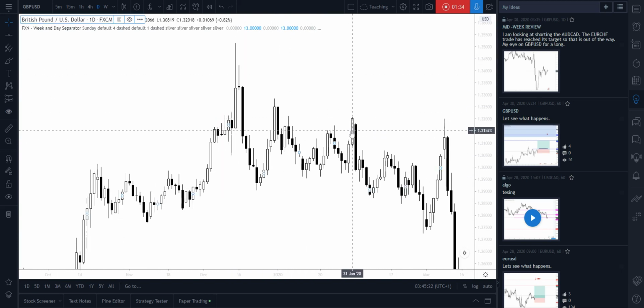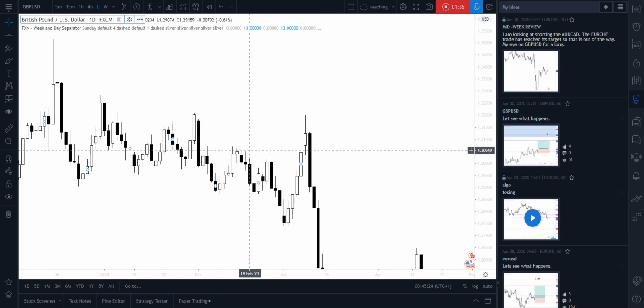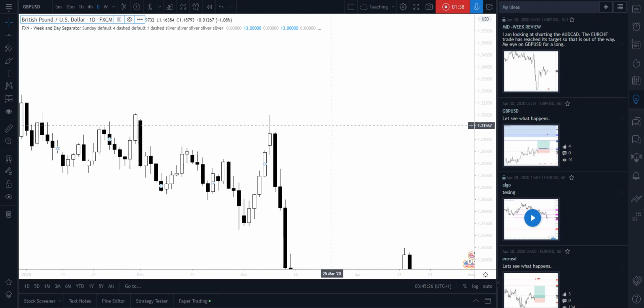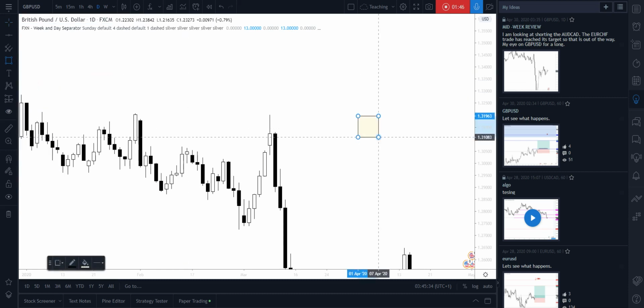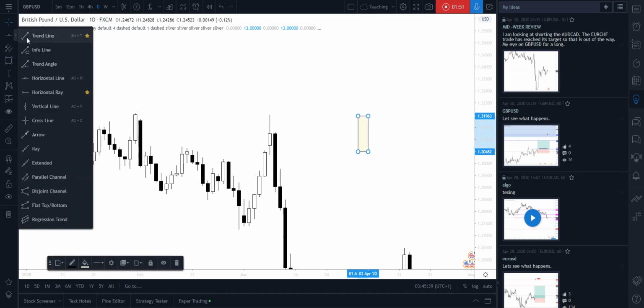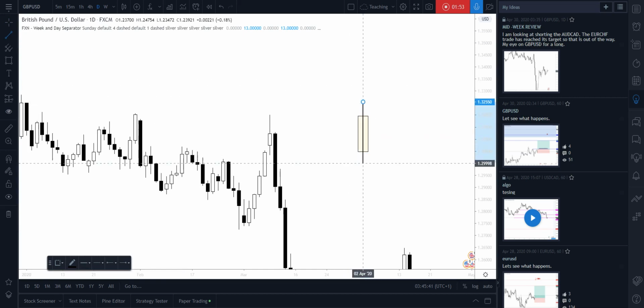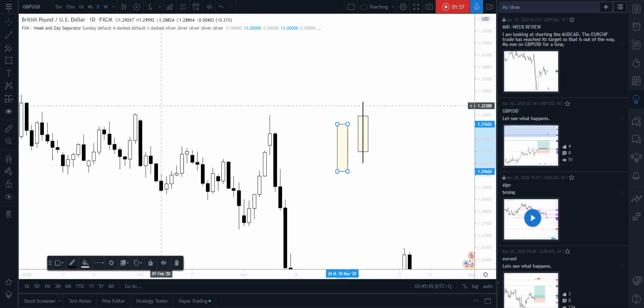If you're not familiar with the concept I shared earlier, you're looking for a 3-bar pattern, a swing high. So your swing high is something like this.